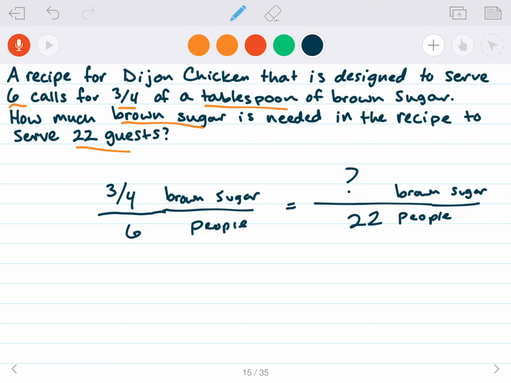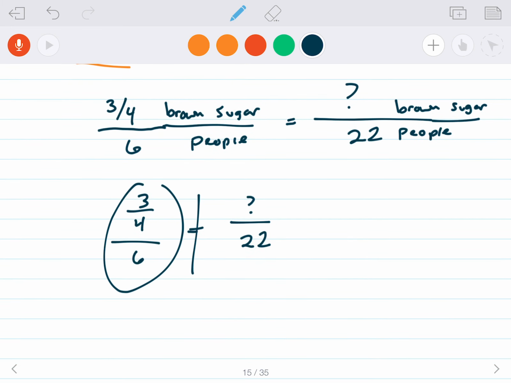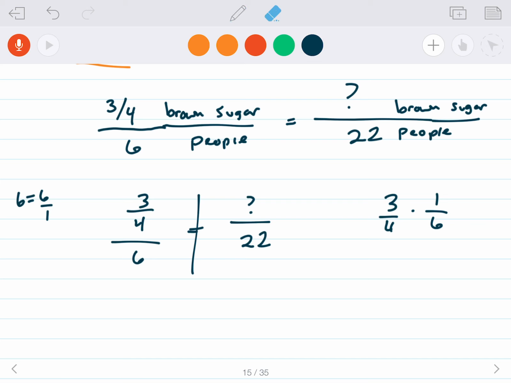All right, so let's go ahead and write this out. We have 3/4 over 6 is equal to something over 22. Now, I don't like this complex fraction on the left, so I'm going to go ahead and simplify that first. To simplify a complex fraction, we keep the top and multiply by the bottom flipped. Now, 6 is technically 6/1. So 6/1 flipped is 1/6. So we keep the top multiplied by the bottom flipped. Okay, and then I can cross simplify.